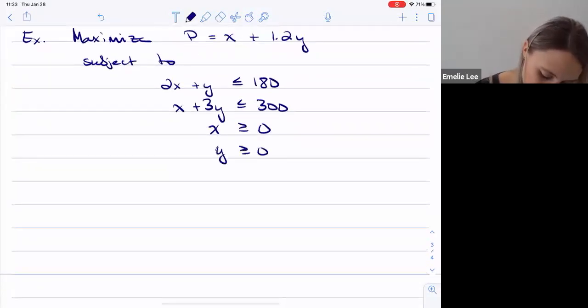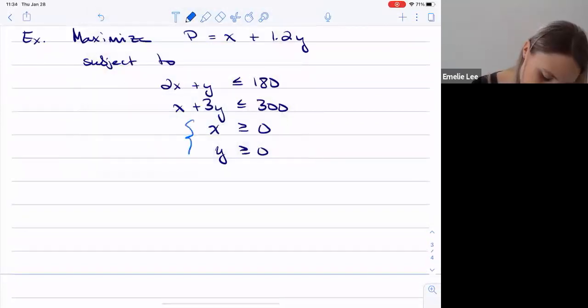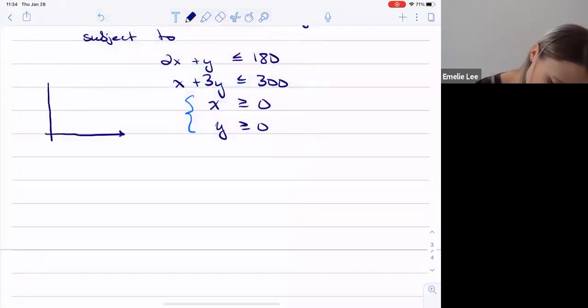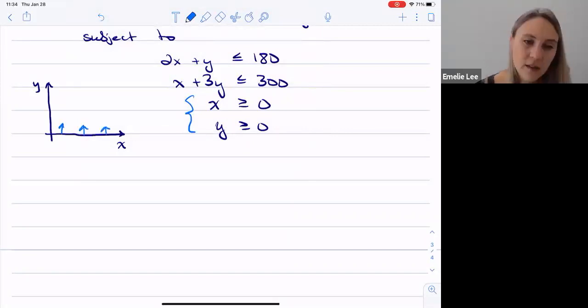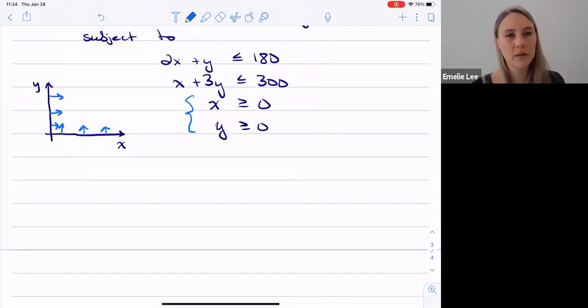But they're kind of ignorable, right? Because all this is saying here is that on our graph, this is our x-axis and this is our y-axis. All this is saying is that my y's have to be greater than or equal to 0. But also my x's have to be greater than or equal to 0. Right?